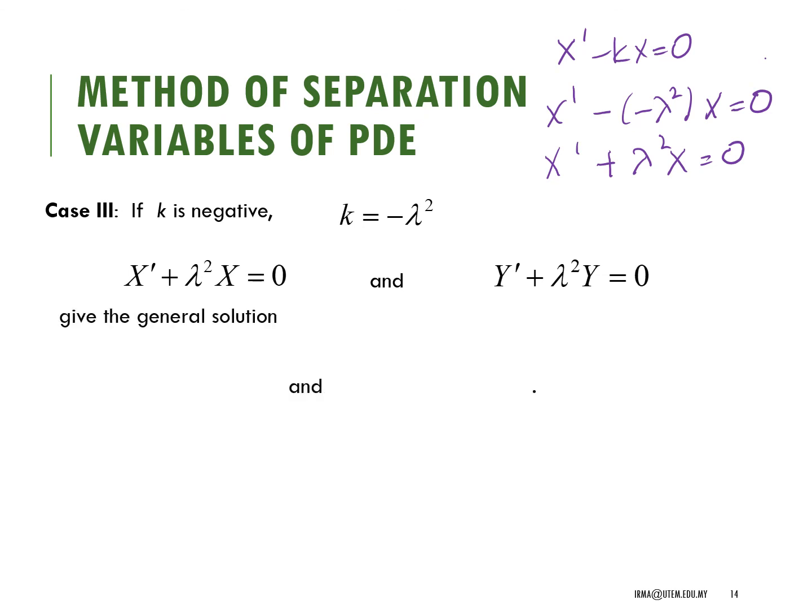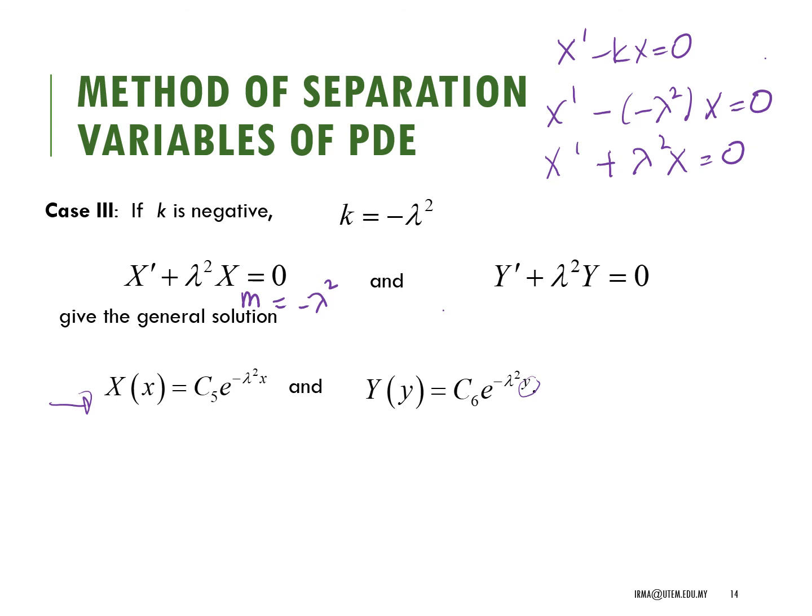Again, if you find the root, you get m equal to negative lambda squared. Only one root, so this is considered a real number. Just the same, you have y equal to a e to the mx. Since our m is equal to negative lambda squared, our general solution for x is c5 e to the negative lambda squared x, and for y it is c6 e to the negative lambda squared y.